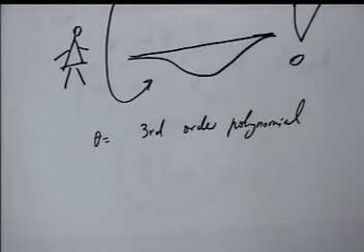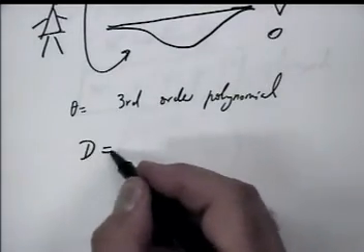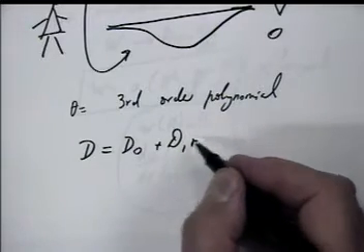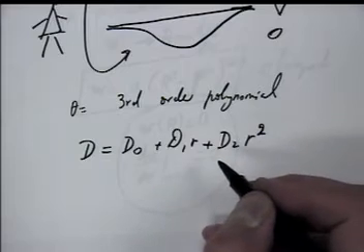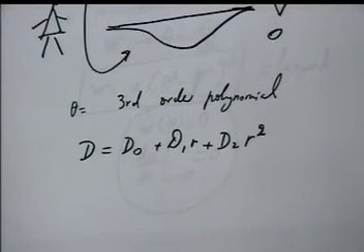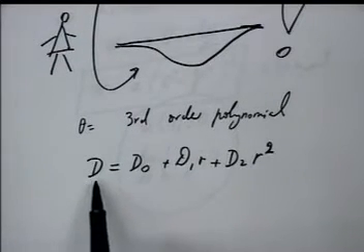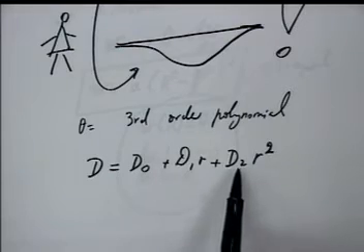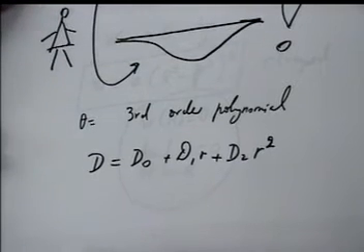So we substitute this D equals D0 plus D1 r plus D2 r squared in the differential equation. Now I want to find D0, D1, and D2. We substitute there, and we get the following equation.